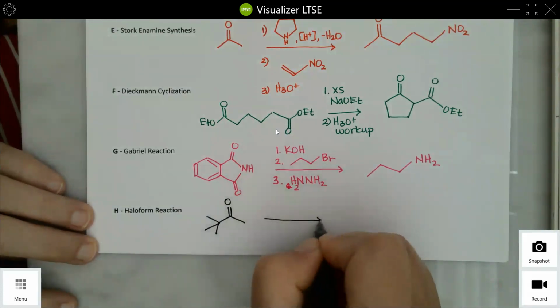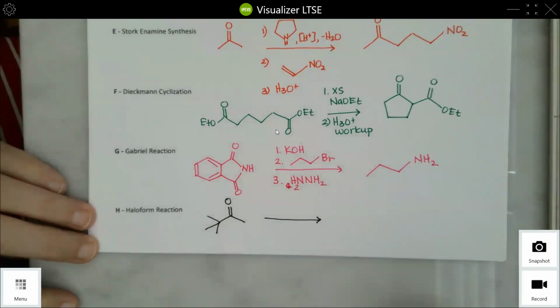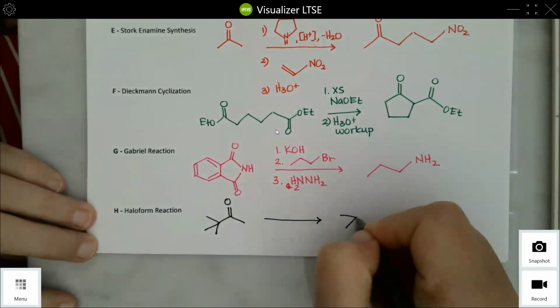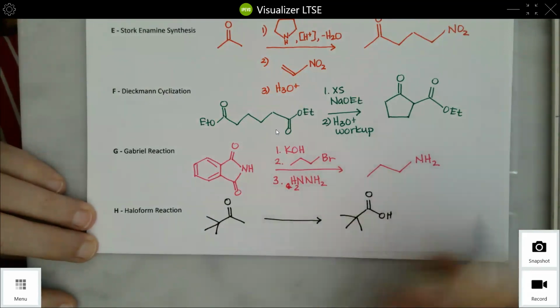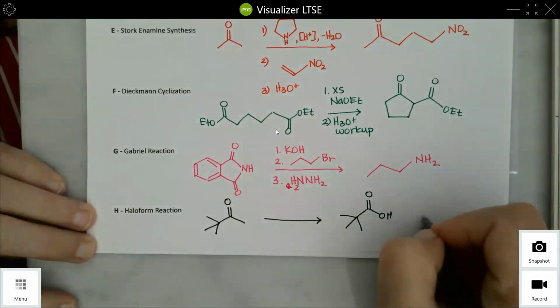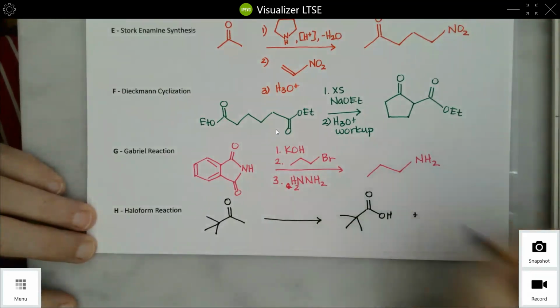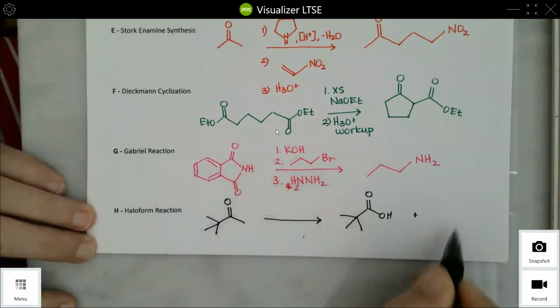That makes the reaction work much more cleanly. And again, we're going to get the carboxylic acid. So we've essentially done a carbon-carbon bond cleavage here. And then we typically get a byproduct; depending on what we use here, the halogen will match here.